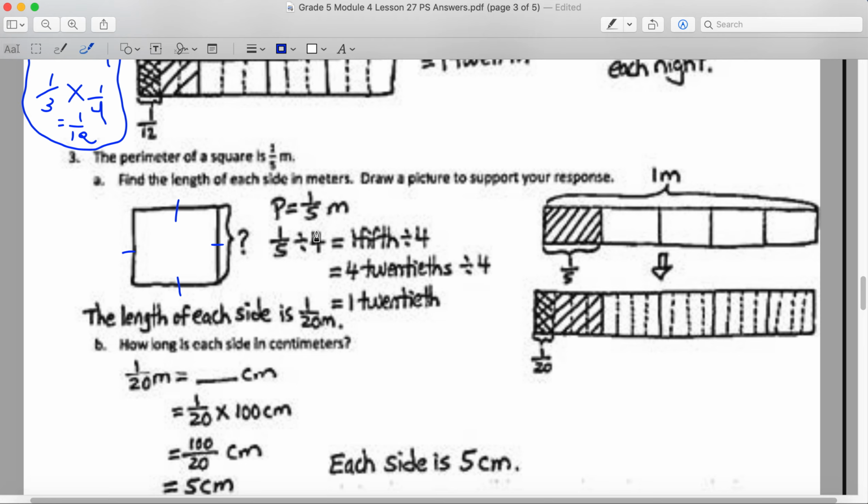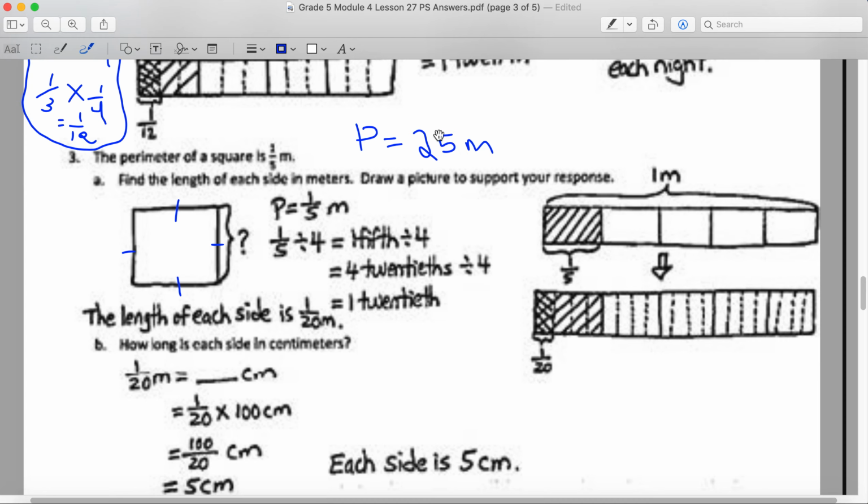Okay. So why did they divide this by 4? Because the perimeter is 1/5. What if the perimeter was like, let's say the perimeter was 25 meters? I'm just going to use a whole number.